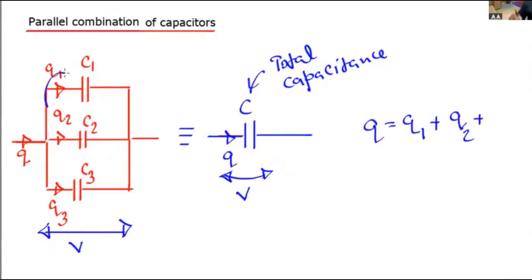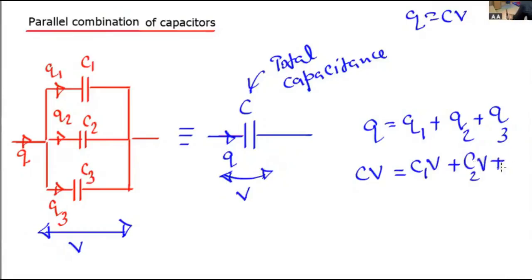Then we can write Q is equal to Q1 plus Q2 plus Q3. මොකද Q නේ අපි මේකේ මේ branches තුනකට split වෙන්නේ. එහෙනම් Q1 plus Q2 plus Q3 equal to Q. The conservation of charge නේද? Then from the equation Q equals CV, instead of Q we can substitute CV. Instead of Q1, C1V, Q2, C2V, Q3, C3V.